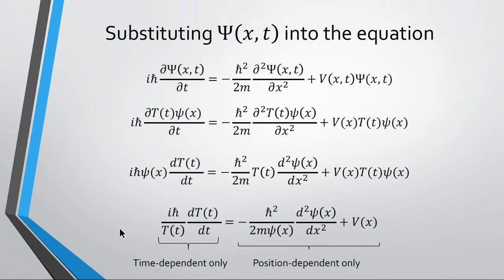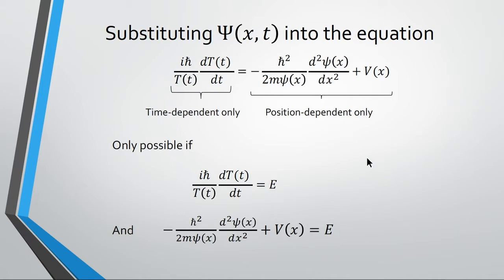Now, this means that both sides of the equation must be equal to a constant, in this case, E. And that means we can set up two equations in terms of this constant. So we have these two equations here. Now, both these equations are easily solvable.